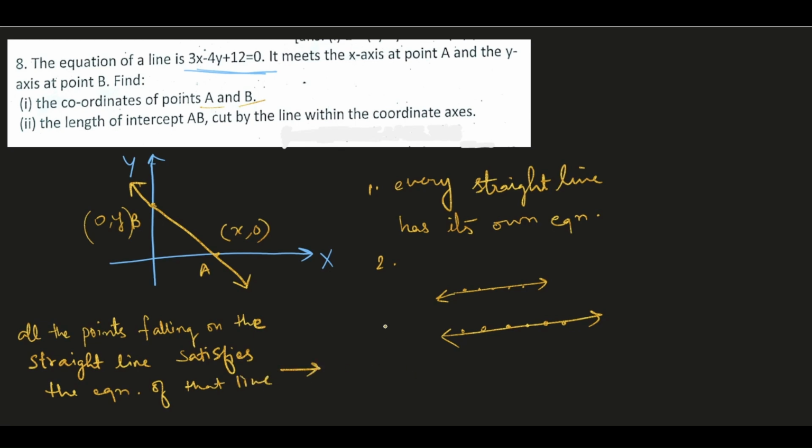Now satisfies means the coordinates, the values of x and y, we can put those values in that equation directly. Now I'm not showing that here because this first question is about this only. So I'll just directly do the question so that this phrase is clear to you.